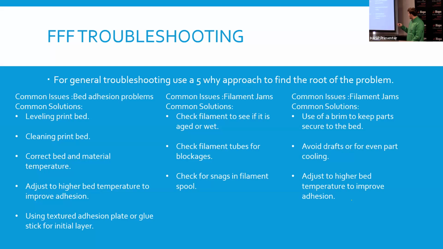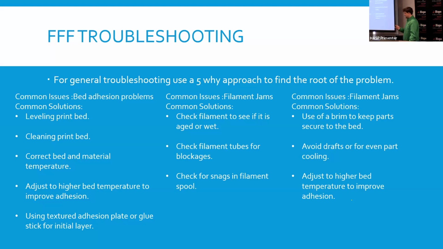Check filament tubes for blockages. So on a 3D printer, of the extrusion type, generally they have tubes that hold that material that's spooled up. And if those filament tubes get blocked, then you can't really get the filament material to the extruder itself.